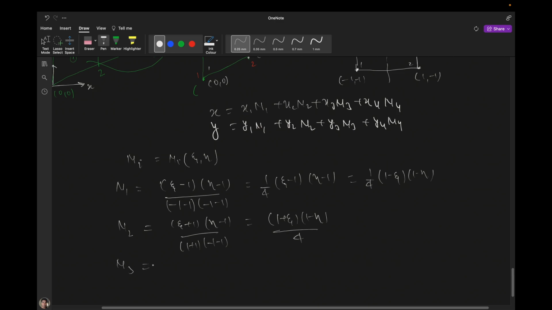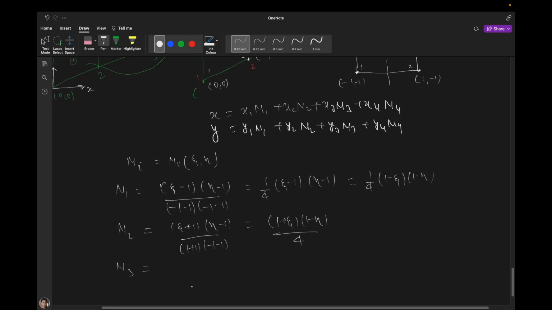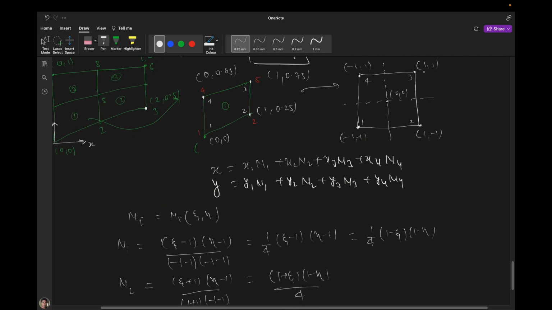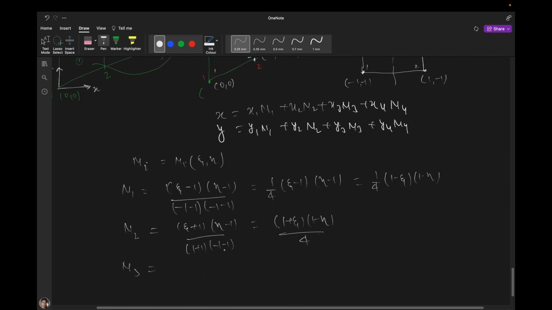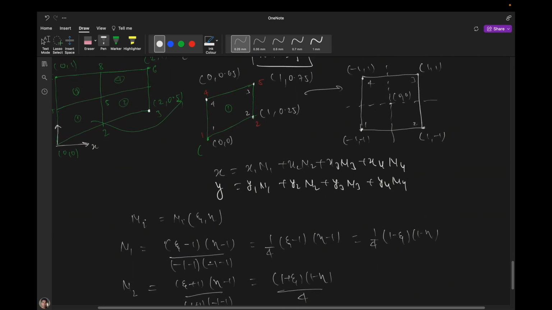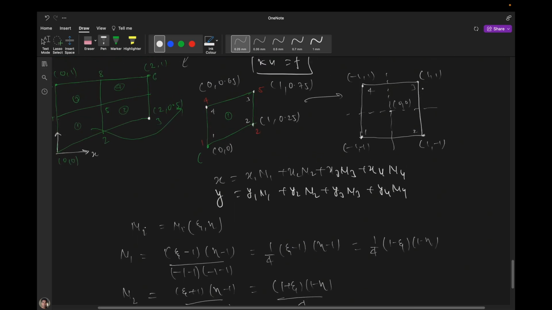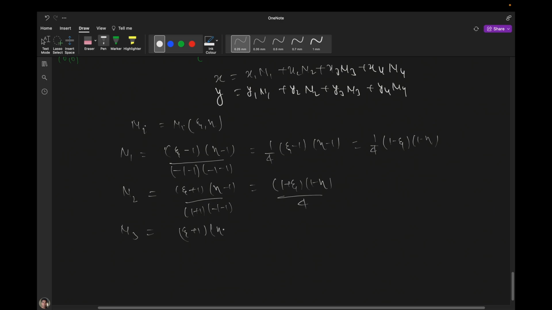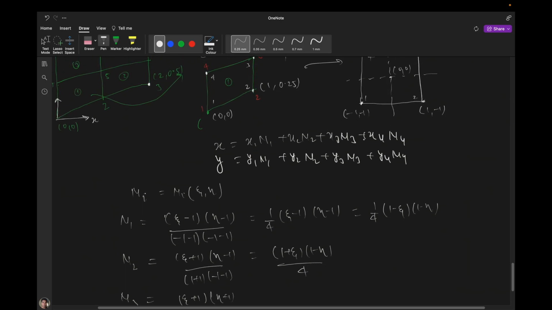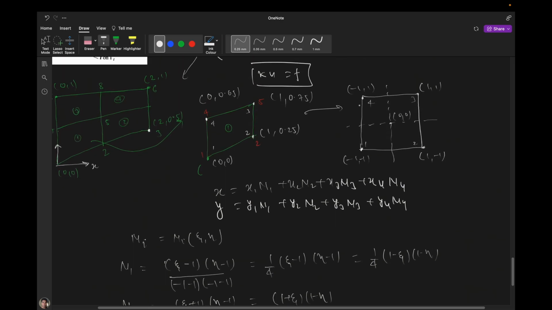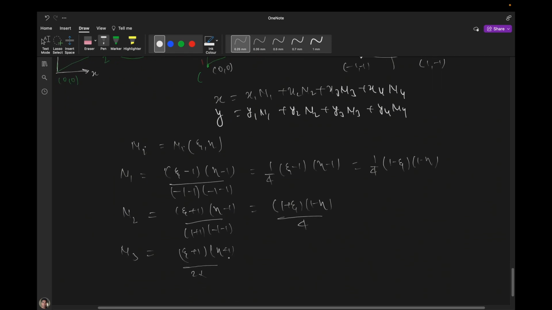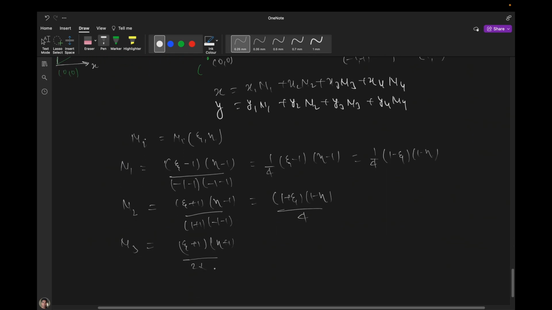And n3, what is n3? It will be xi plus 1 and eta plus 1 divided by 2 into 2. So in this case it will be (1 plus xi)(1 plus eta) divided by 4.